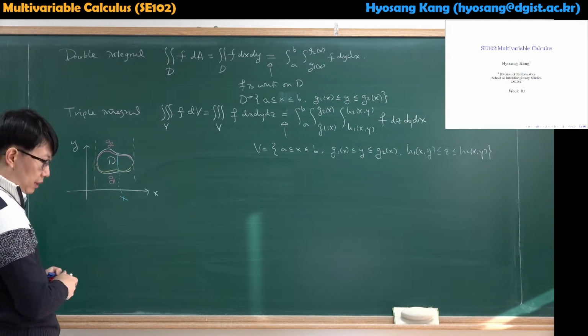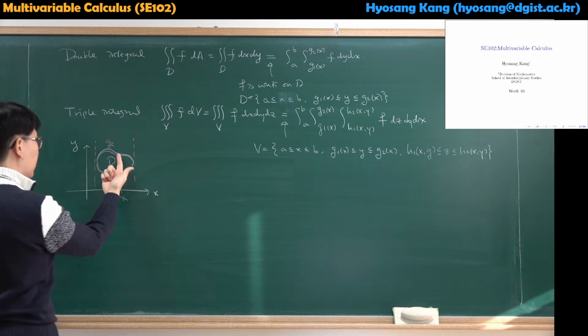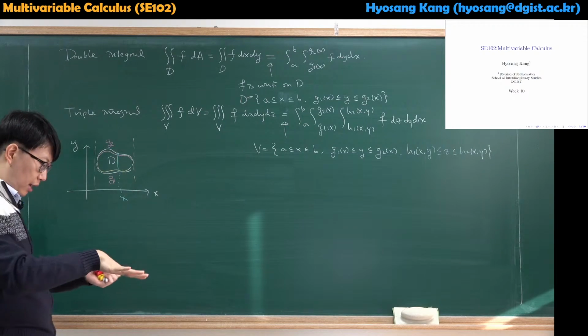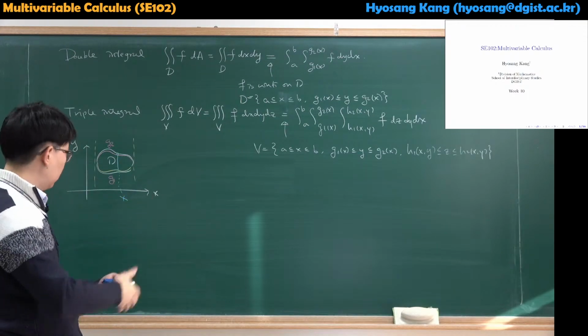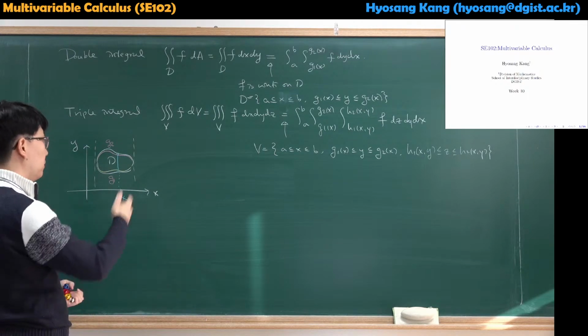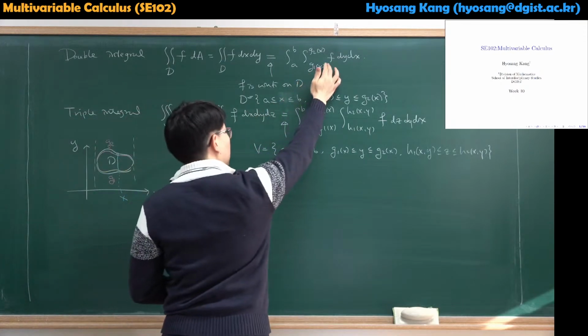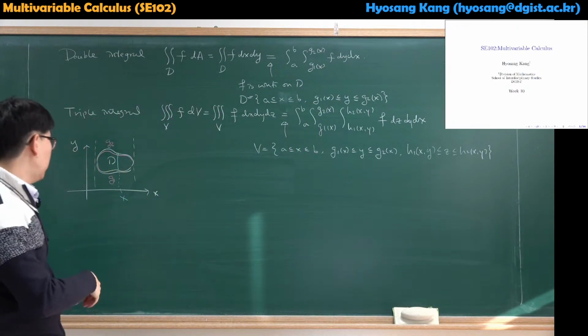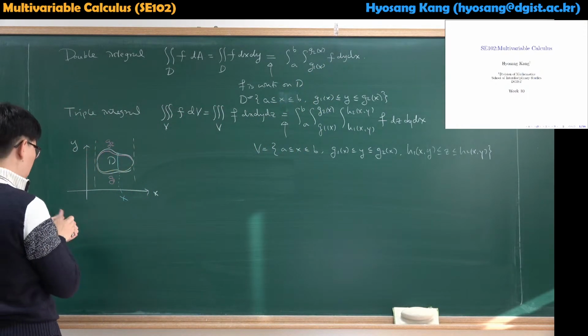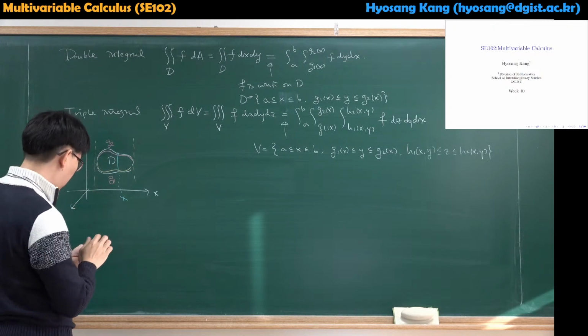Or if you think about it as volume, which means that the area of this thin strip is the area under the graph of the function, and by multiplying the value of the function, or integrating the value of the function here, we are taking the section area under the graph of the function.